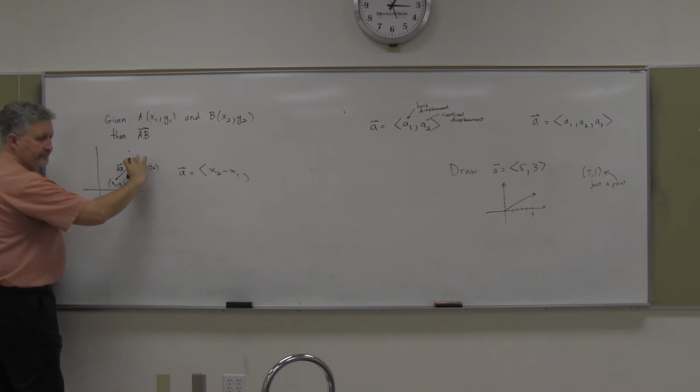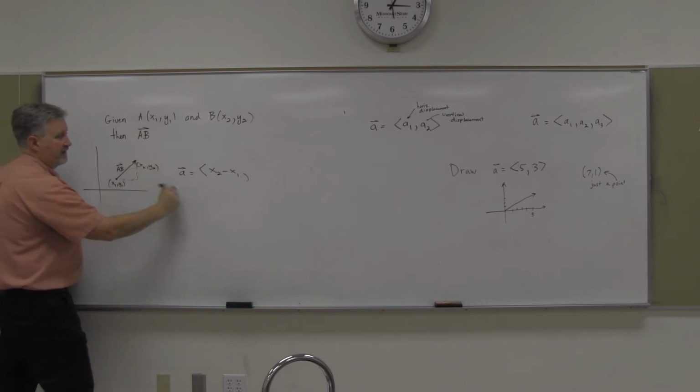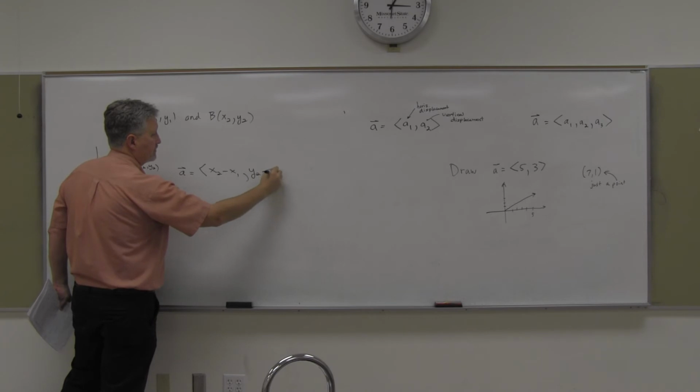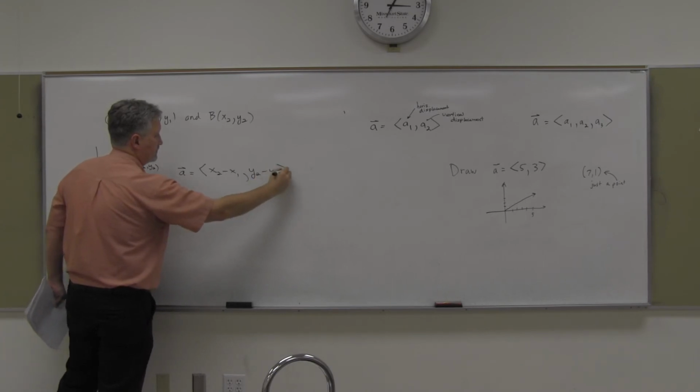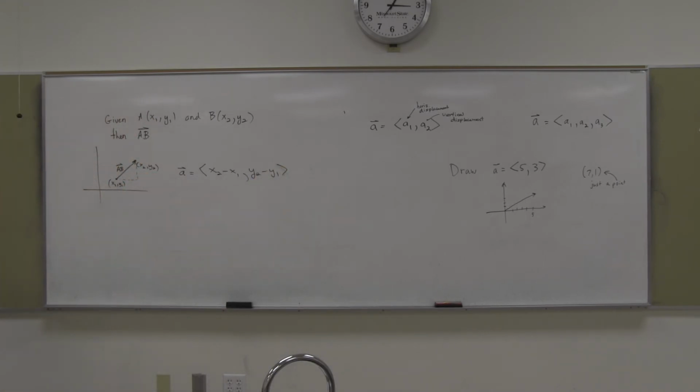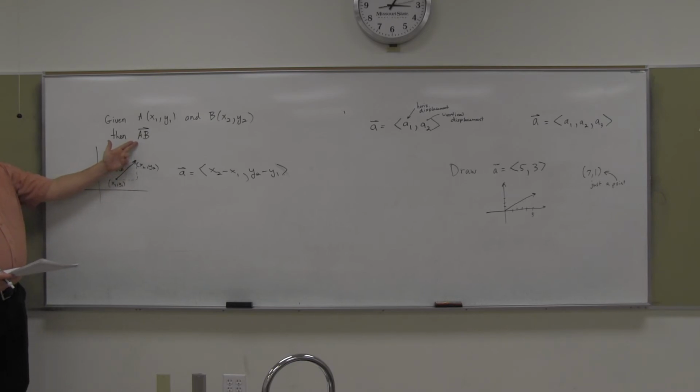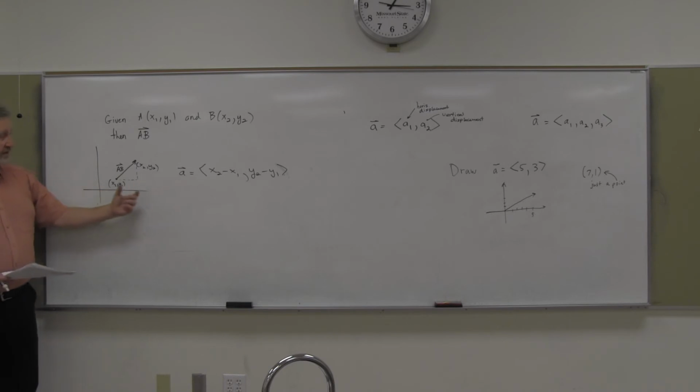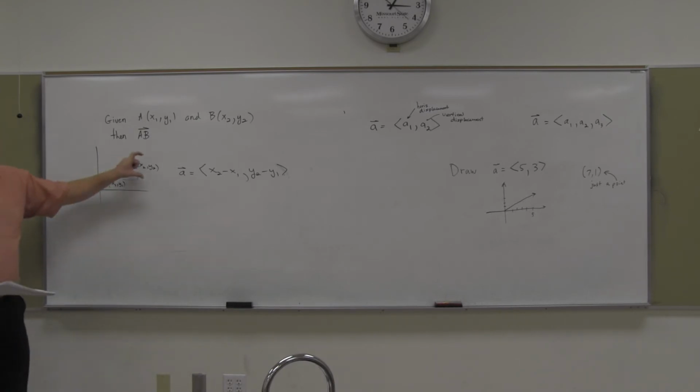And then the vertical displacement would be the difference of the y's. So we can represent that vector AB by using this A vector, because it's just a horizontal and vertical displacement. Make sense? So we can make a vector out of 2 points.